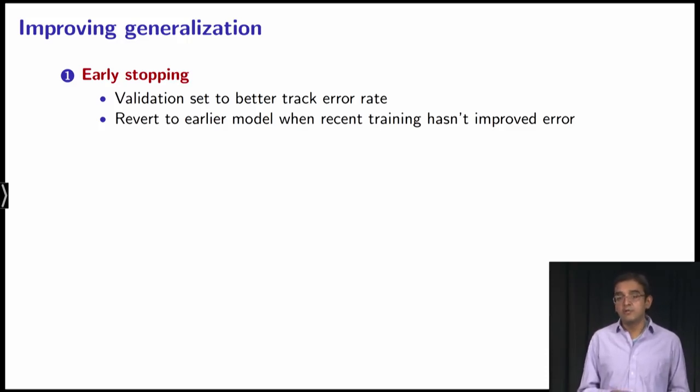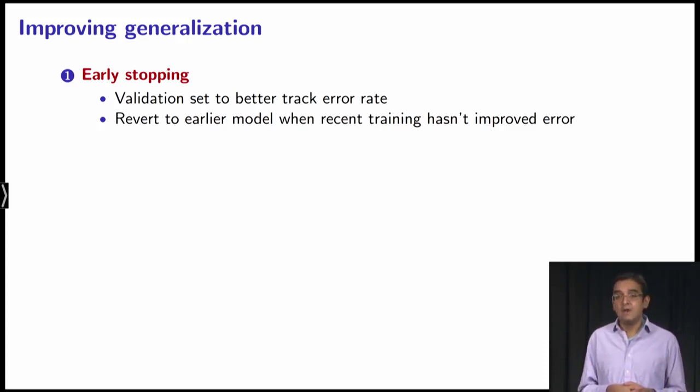The first is called early stopping. Okay, so we have this training process in which we have our training data set and we're running iterations of mini-batch stochastic gradient descent. And as we're running these iterations, we can drive the training error down. Okay. We have so many parameters that this is something we can reliably expect to do.